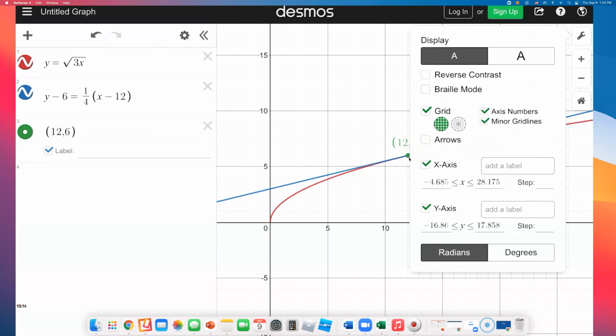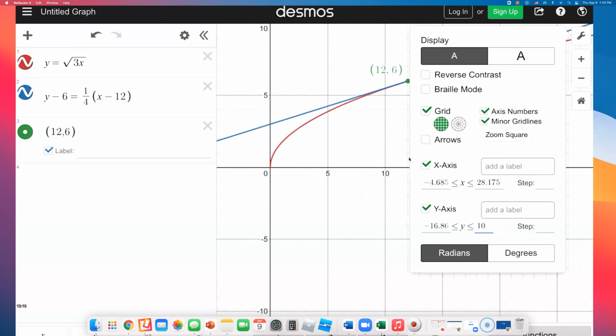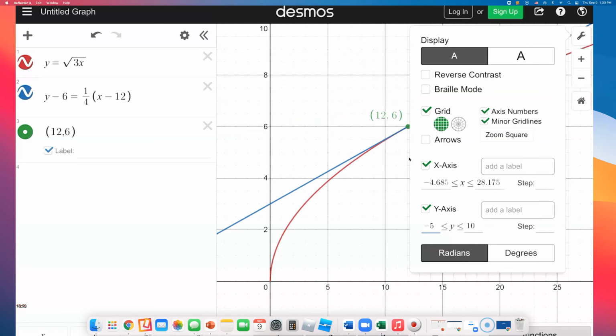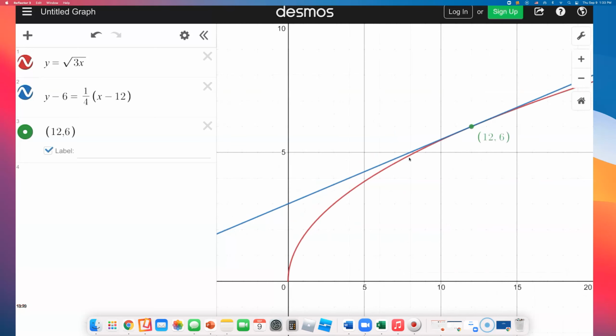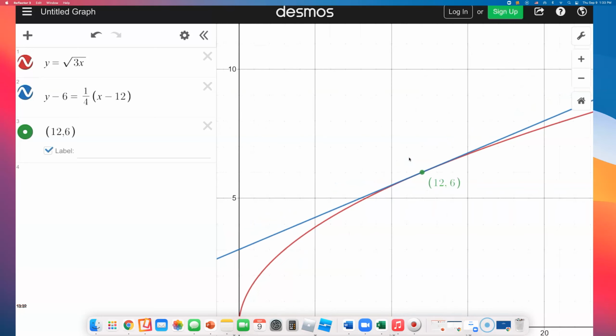But I think I'm going to switch the y-axis a little bit so that I can show you a better window. Oh, how beautiful this is. Maybe I'll just make this go to 20 instead of... Oh, look at that. And I will take a picture of this.